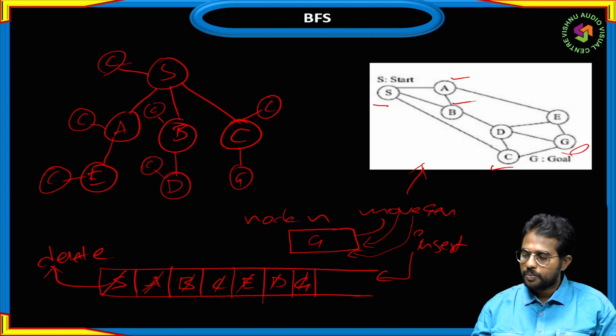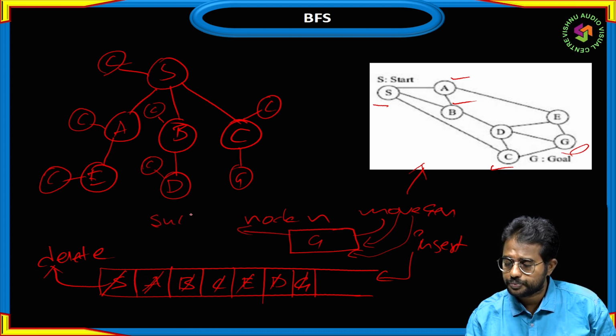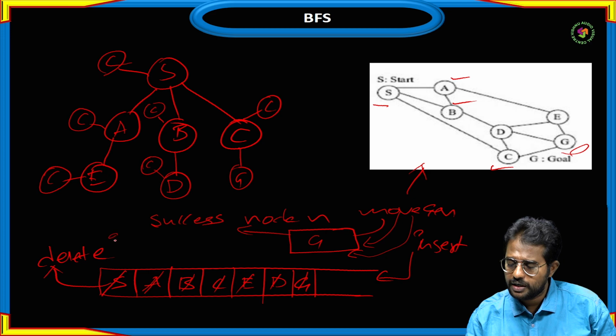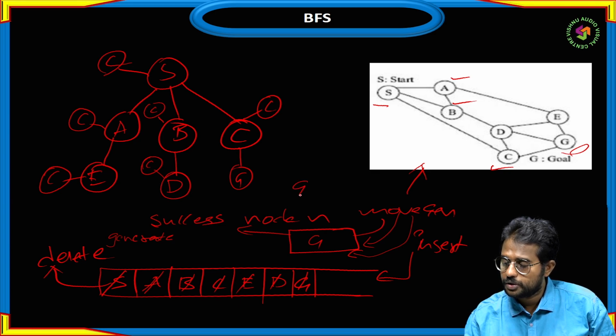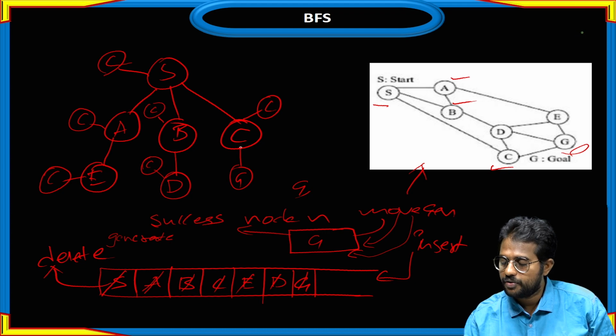After getting true, I am going to return success and generate the path. The path will be, first G, which came from C.